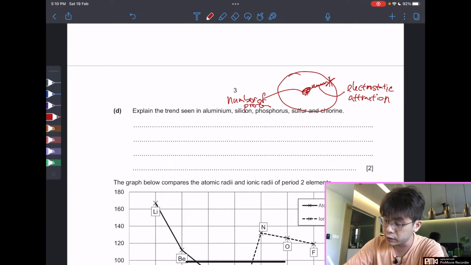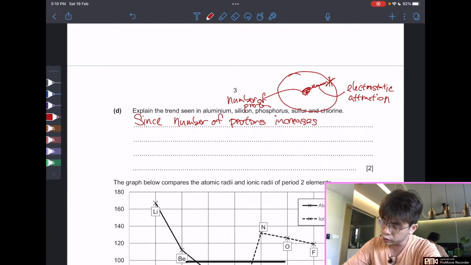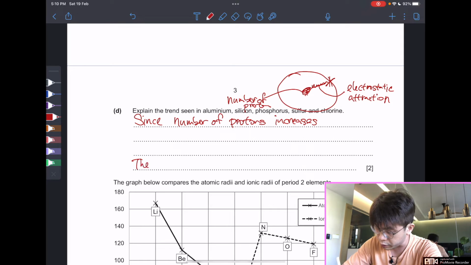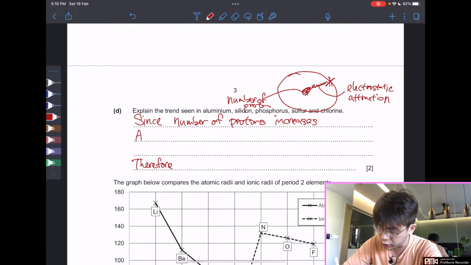So how do I explain this? So since number of protons increases, we can write our explanation starting from our therefore. So you can just form this one first, since and as therefore.